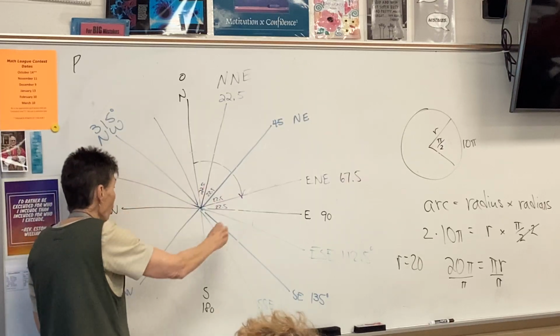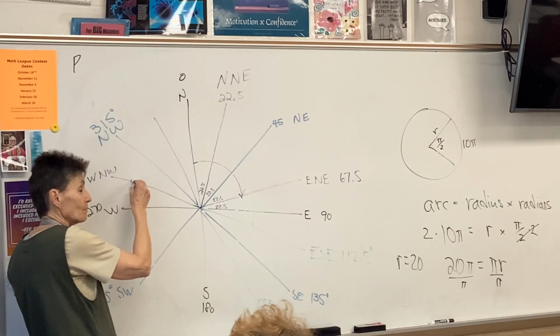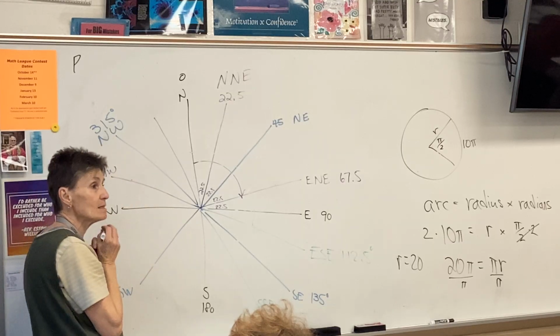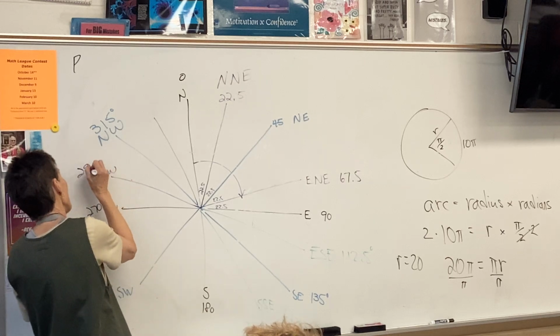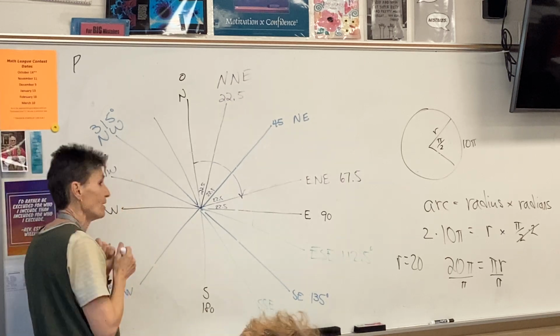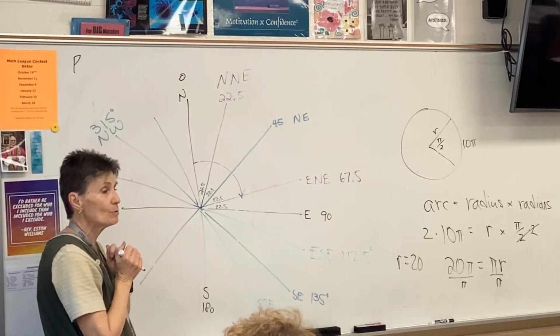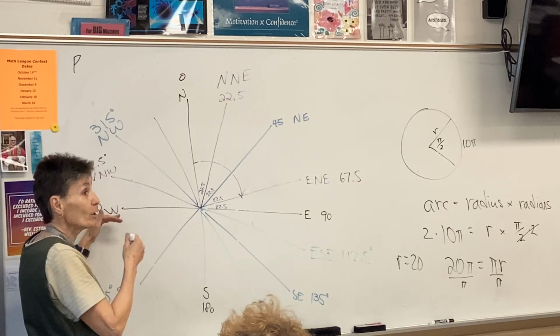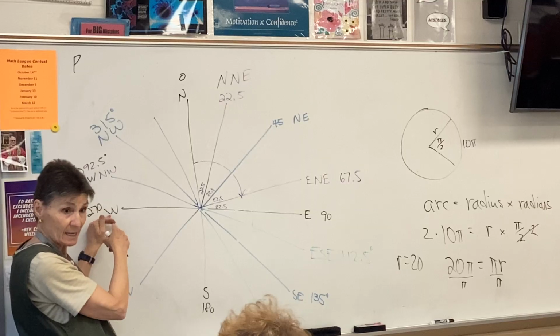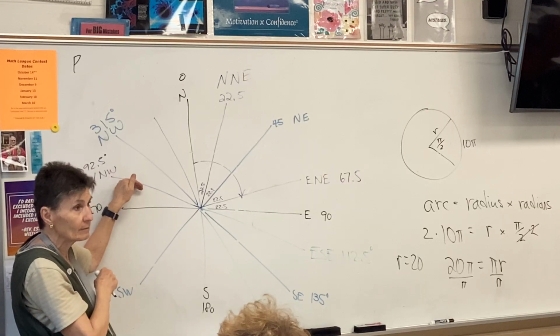You got to come all the way around to it. Any thoughts on what that is? 292.5. Armani, you are on fire. How did he get 292.5? I don't know. He could have taken 270 and added 22 and a half.